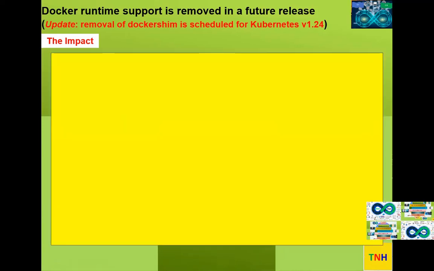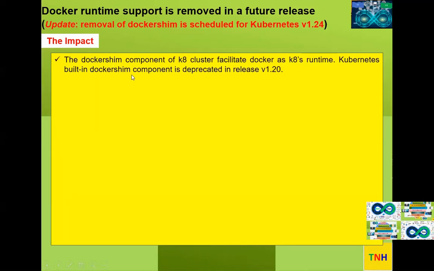What is the impact of the removal, what is going to get impacted? The Dockershim component of the Kubernetes cluster facilitates Docker as Kubernetes' runtime. We know that Dockershim was brought in in the middle of the CRI only to facilitate Docker as a runtime. The Kubernetes built-in Dockershim component is deprecated from 1.20.